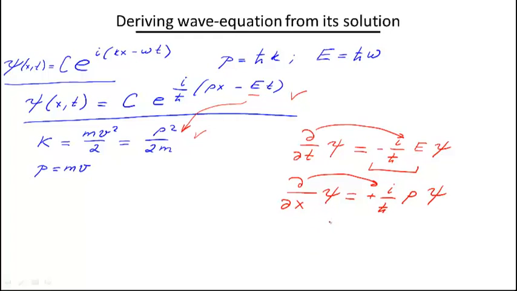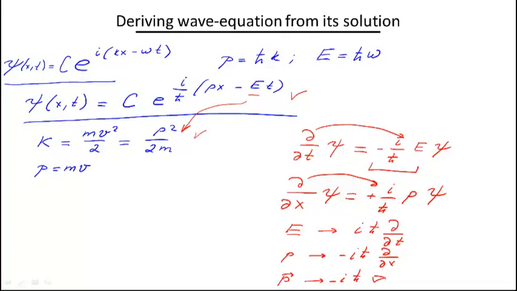And so we find here a clear correspondence between the energy and the derivative i h bar d over dt, and the momentum, in this case one-dimensional momentum, and minus i h bar d over dx. And of course, if we were to have a three-dimensional momentum, a momentum vector, we would need to write minus i h bar gradient.